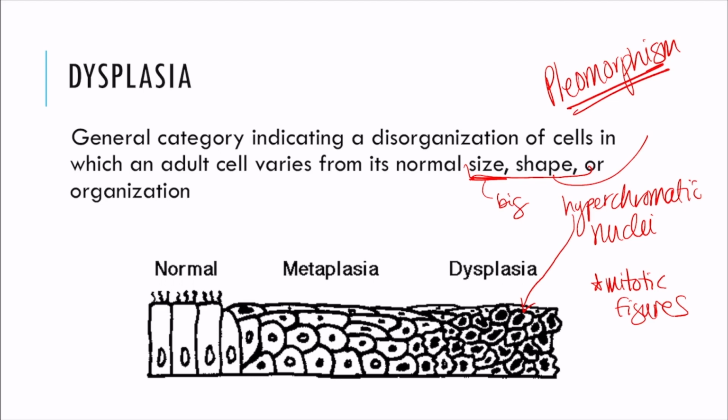When you see on a slide cells that are abnormally large, changes in the visibility of their nuclei, how dark they are, when you view pleomorphism on the slide, this marks a tissue for being at risk for developing an invasive cancer. And if we look at this cartoon on the bottom of the slide, it takes us on the journey from normal cell to this category of dysplasia.